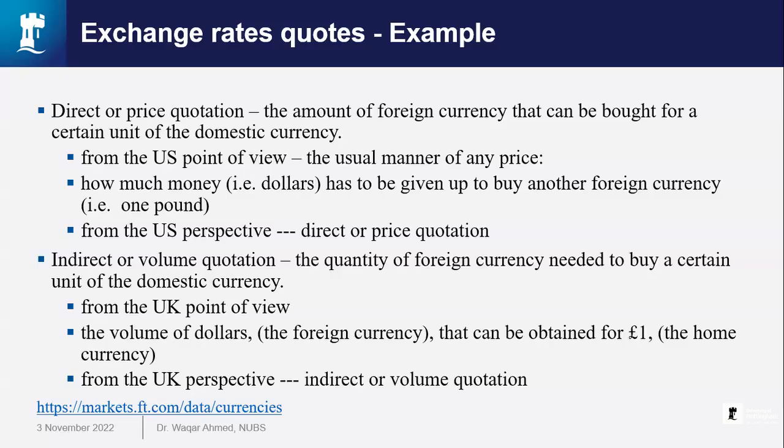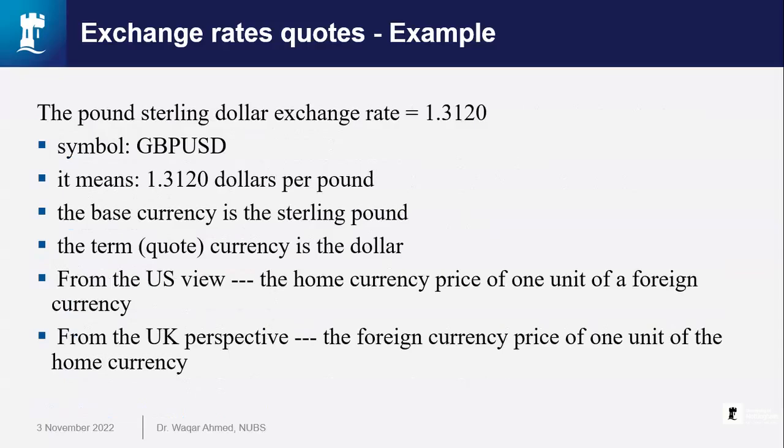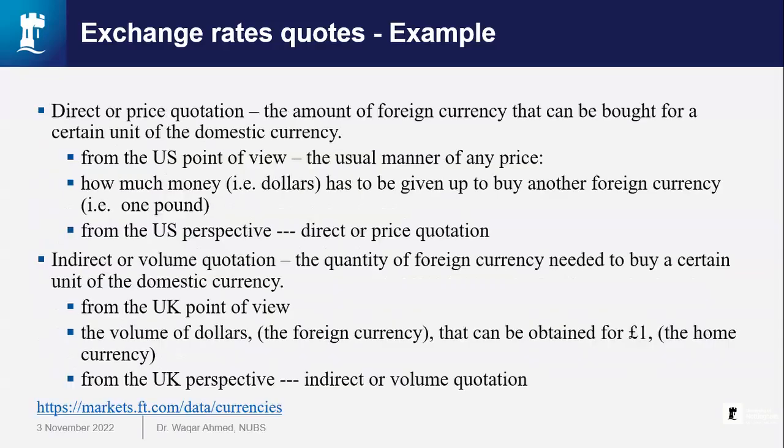Looking at it from a US perspective, how many dollars have to be given up to buy 1 unit of another currency, which is £1. So from a US perspective, the previous quote is a direct quote.